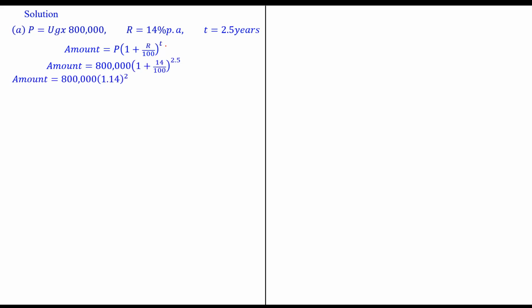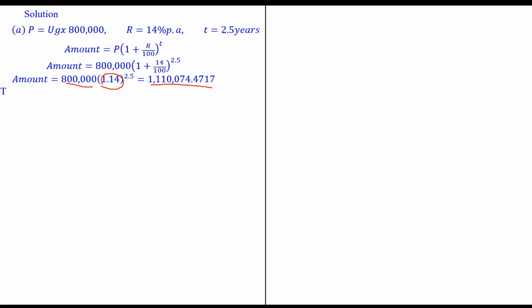Then you compute it. Starting from the brackets, 1 plus 0.14 gives you 1.14. On a calculator, you first get 1.14, raise it to the power 2.5, and finally multiply by 800,000, which will give you this.